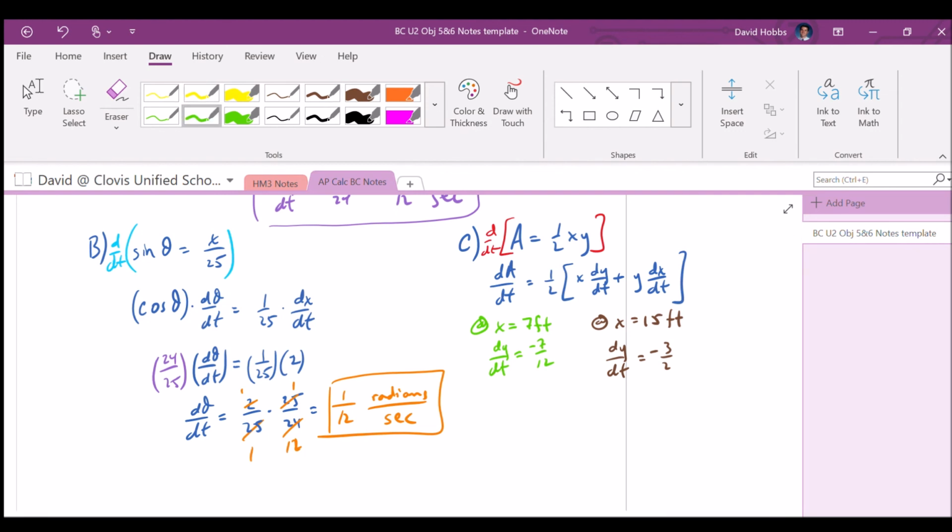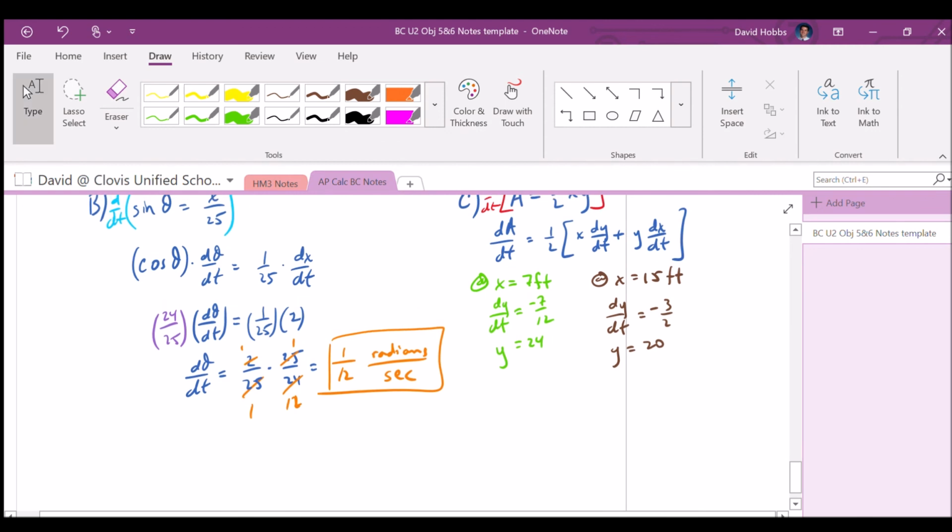Let's also write down the y values. When x was 7 feet, y was 24 feet, and when x was 15 feet, y was 20 feet.